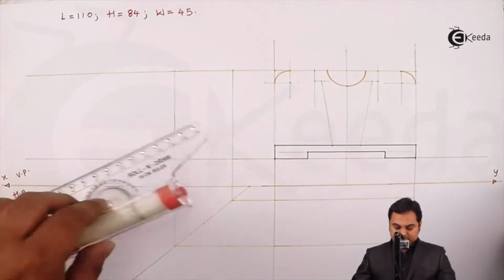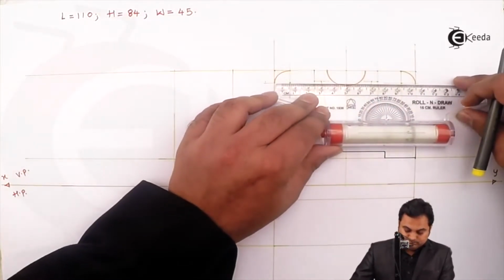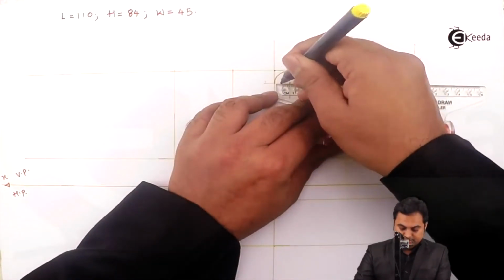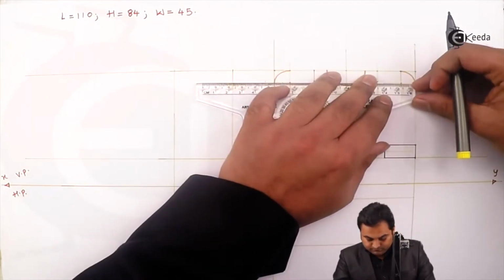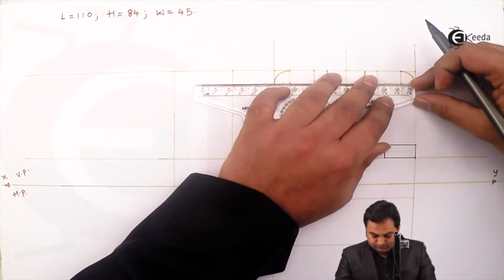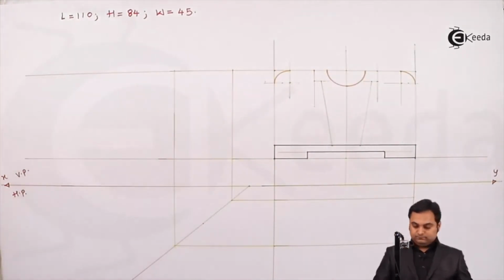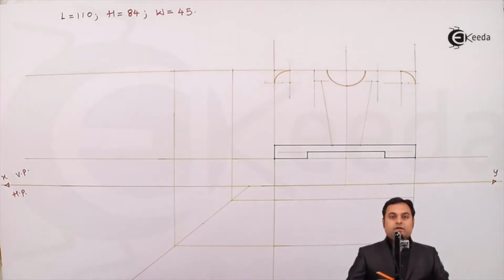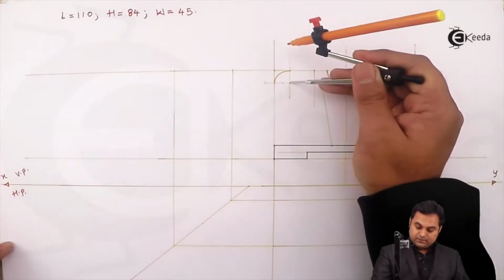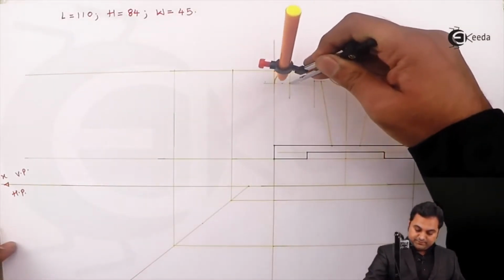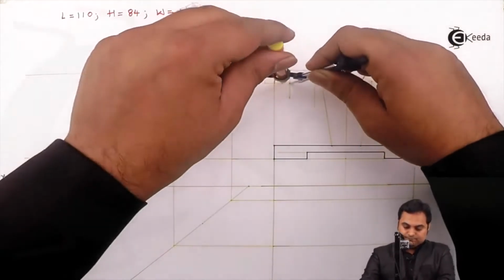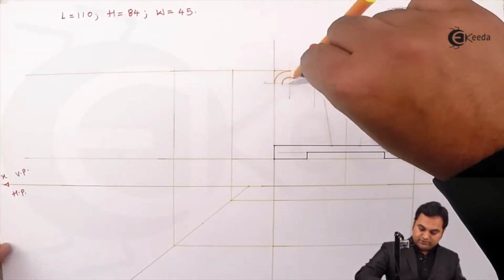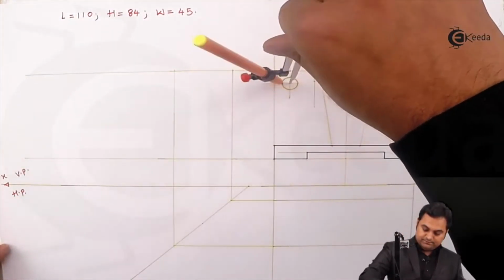So the radius is 6 mm, marking that radius. Now, keeping this center and the radius is 6 mm, I'm drawing a circle, light circle.